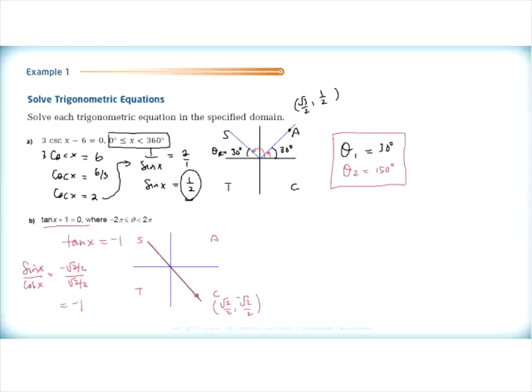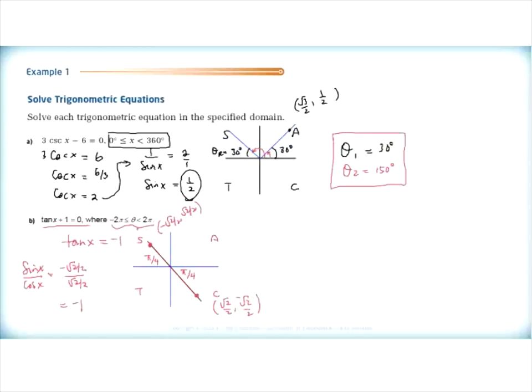So when I have a point at √2 over 2 and negative √2 over 2, or up in this quadrant, negative √2 over 2 and √2 over 2, I will still get negative 1. My reference angle you should recognize here is pi over 4. Pi over 4 is the reference angle when tan x equals negative 1.